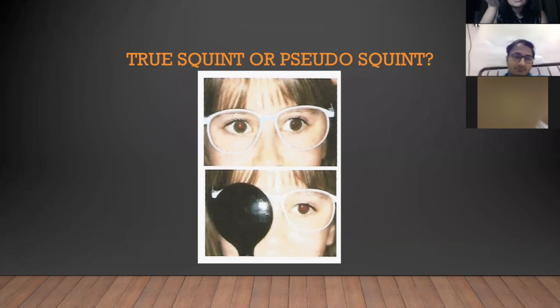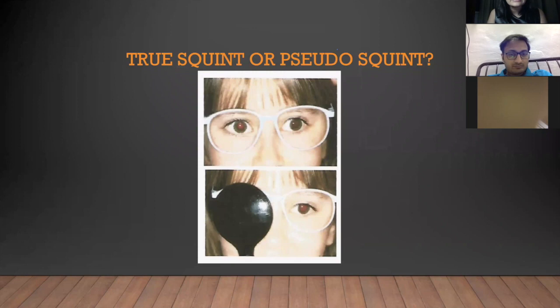Okay, so a positive angle kappa lets you feel that the eye appears exotropic, which would be in this case that this patient has a positive angle kappa. Hence, even if the patient has good vision, when you actually cover the apparently fixing eye, there is no movement in the opposite eye, meaning there was no true squint. It was a pseudo squint.